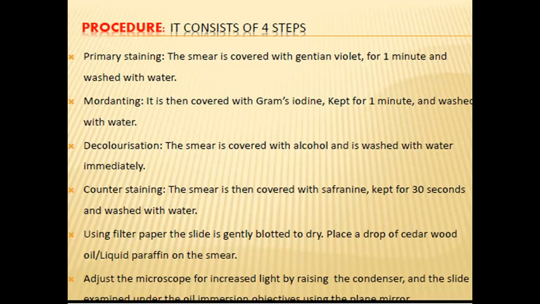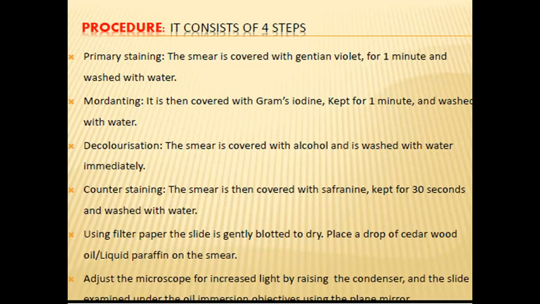After that, the decolorization step. In the decolorization step, we add alcohol or acetone on the smear, and the alcohol is responsible for washing away the excess crystal violet, and simultaneously in this step there is pore formation as well as shrinking of the cell wall due to dehydration.